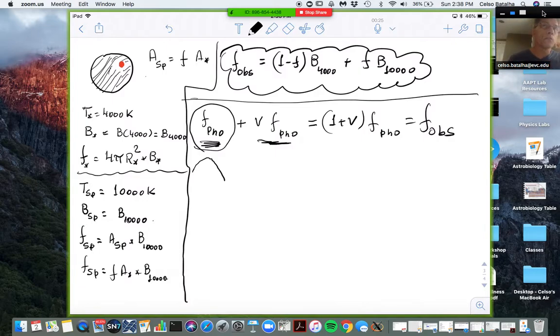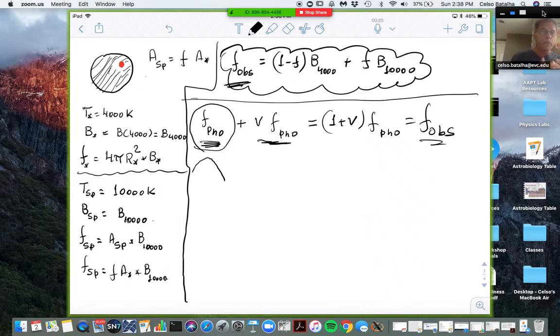So all of this is wavelength dependent, for a very specific color. So we have a flux observed as seen from the veiling aspect of this problem, and a flux observed that is coming from the physics of it. We have two distinct regions, each one with some Planck function associated with it.